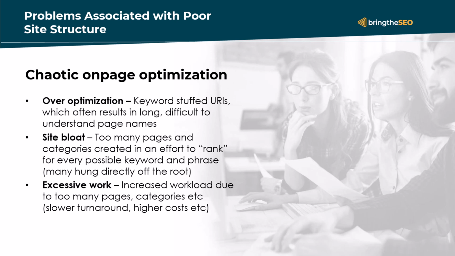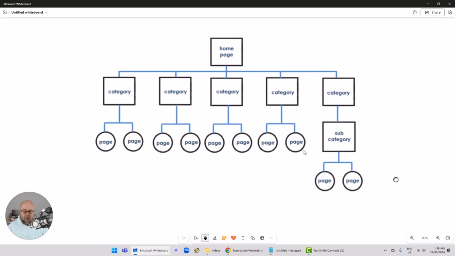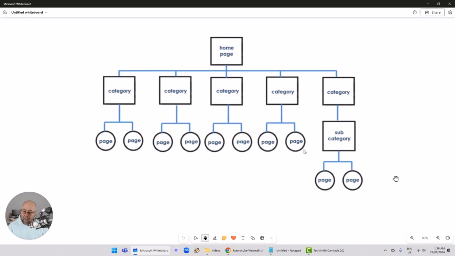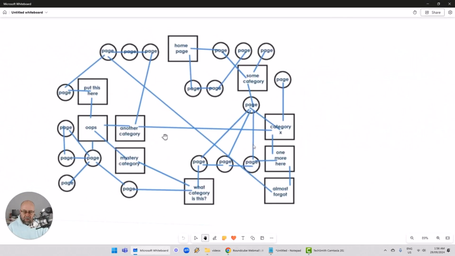So if we're doing all of this additional work, it's just going to lead to increased workload due to too many pages, categories, right? And this ties in with exactly what I just mentioned. Okay, so over-optimization, site bloat, keyword-stuffed URLs. This is without question one of the main reasons why we often end up in situations like this.